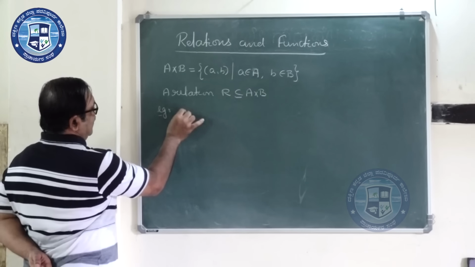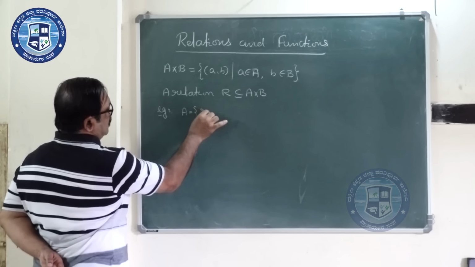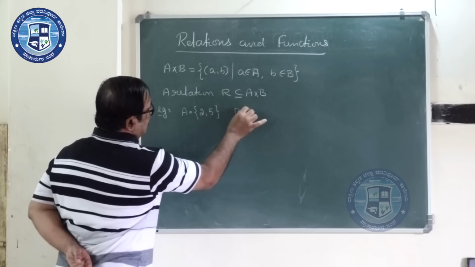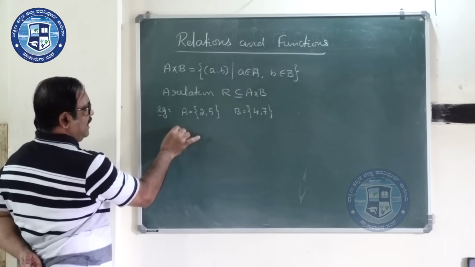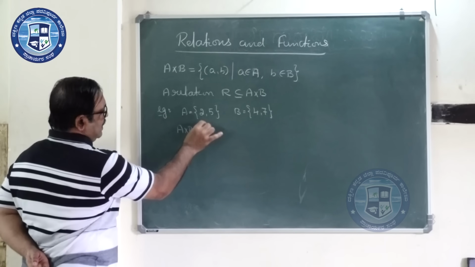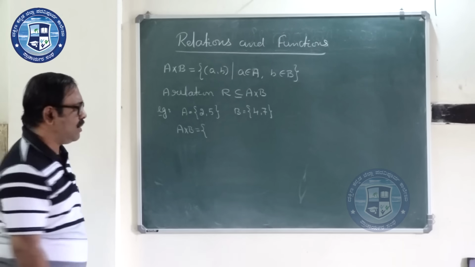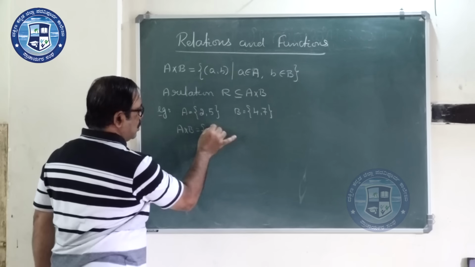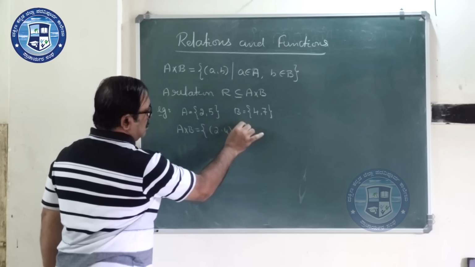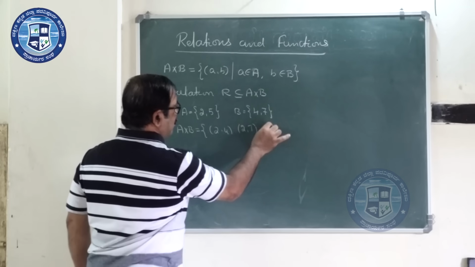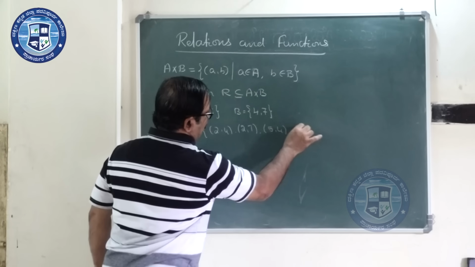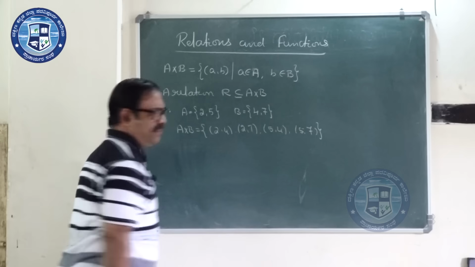I will write A is equal to {2, 5} and B is equal to {4, 7}. Then what is A cross B? It is (2, 4), (2, 7) and (5, 4), (5, 7).